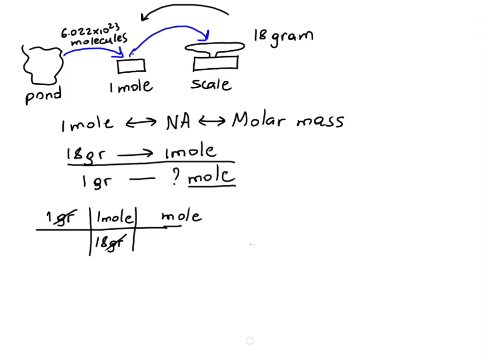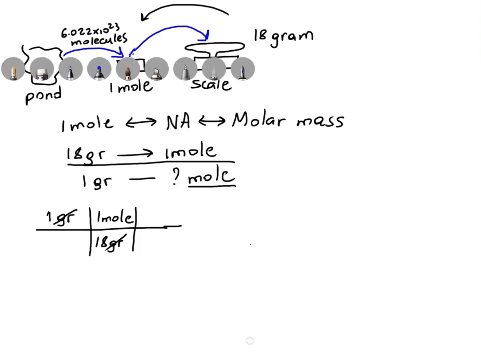You multiply all the numerators and then divide by the denominator. When you do that, I'm just going to quickly calculate it. 1 divided by 18 is going to be 0.056, and it's 0.056 mole.